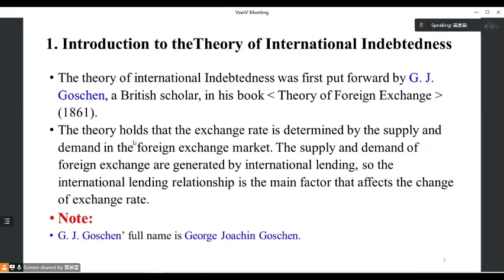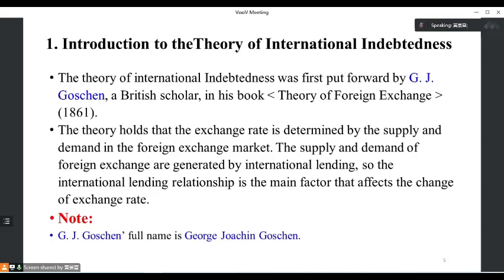The theory holds that exchange rate is determined by the supply and demand in the foreign exchange market. The supply and demand of foreign exchange are generated by international lending. So the international lending relationship is a main factor that affects the change of exchange rate. In this segment, we can find the theory.